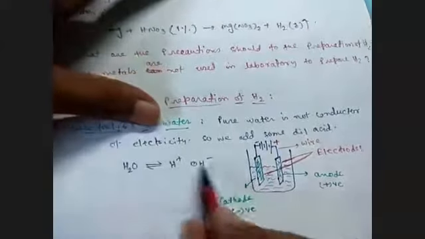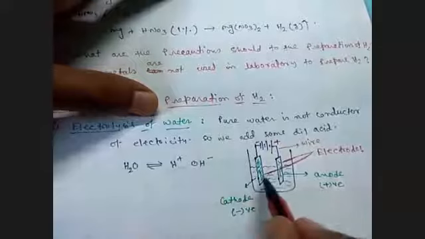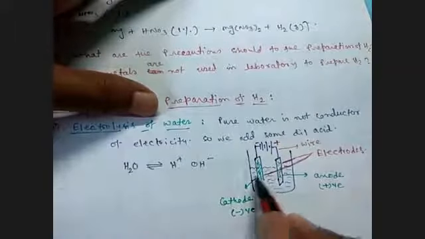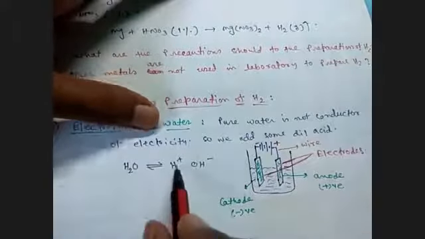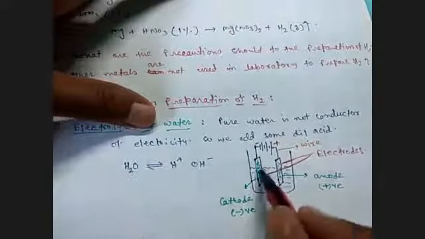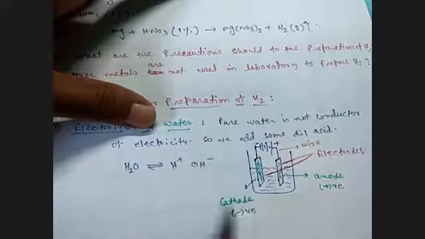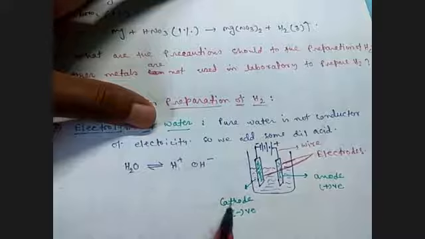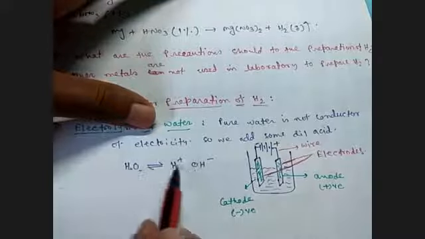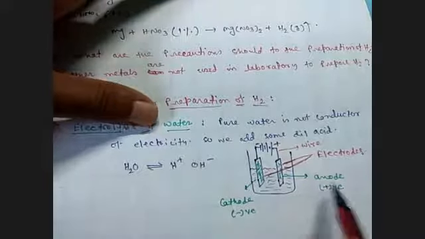Now tell me, H plus is positively charged and the cathode is negatively charged. So will H plus be attracted to the cathode, or to the anode?